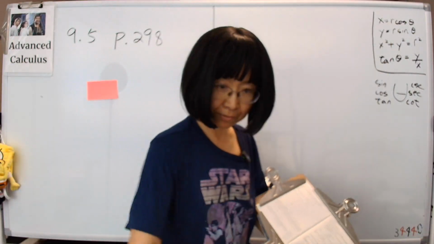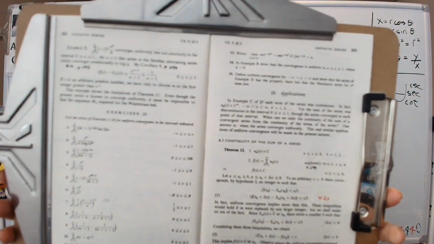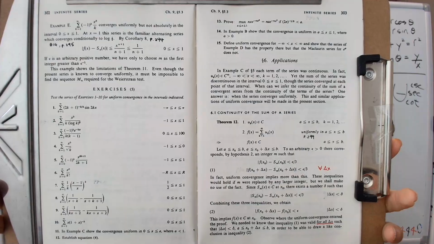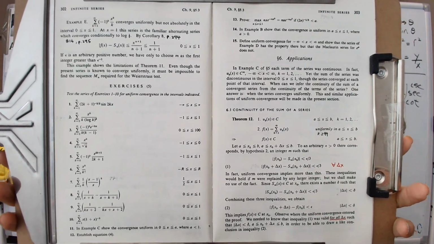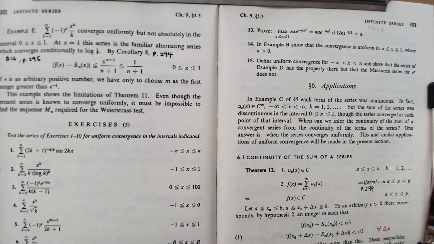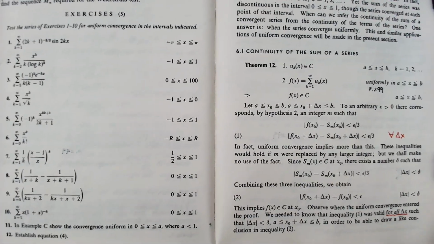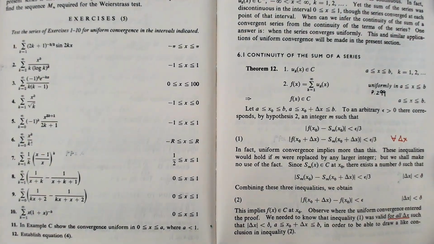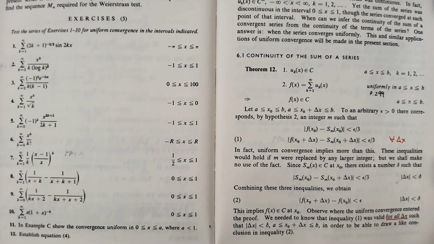And lastly, pages 302 and 303. There it is. Then the top and bottom. That should be good enough.